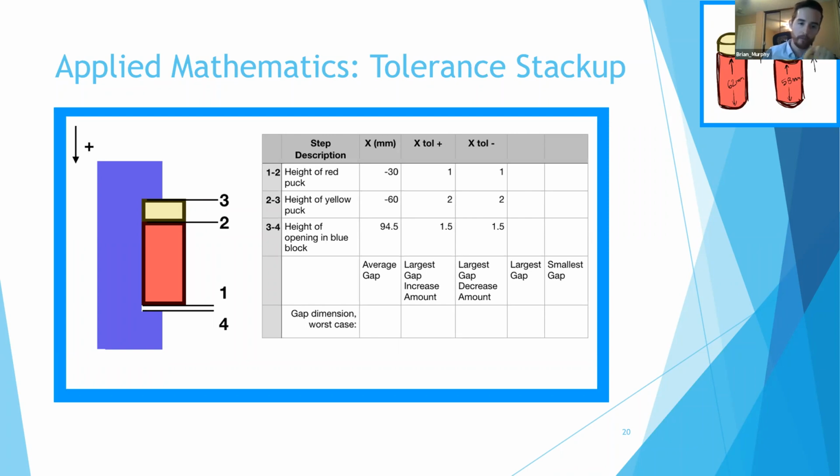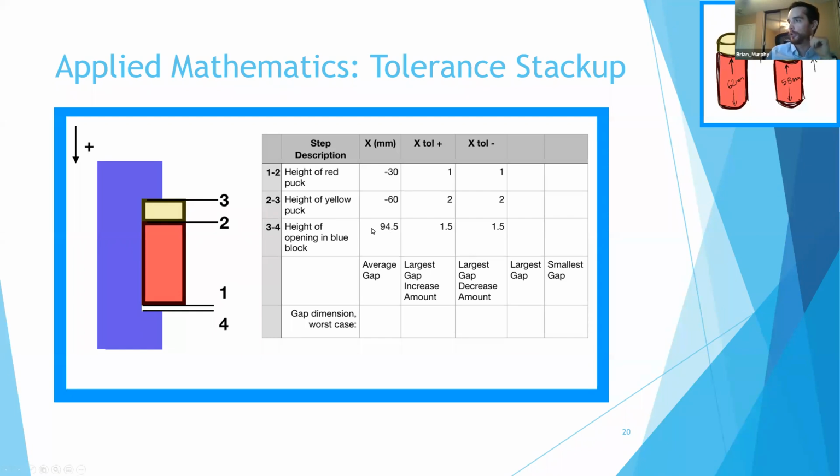So looking at the nominal, we have 30, 60, and 94.5. This is the cavity, and these are the sizes of the blocks for the cylinders. Does anybody have an answer for me on what that gap would be on average, not including the tolerances? Okay, no problem.